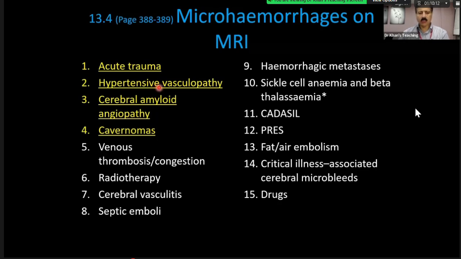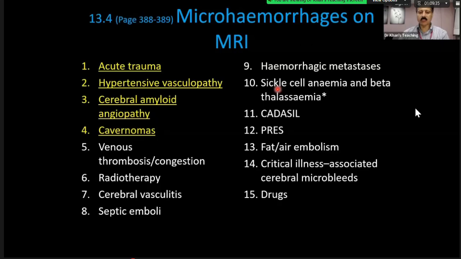Now, in trauma, microhemorrhages can be because of diffuse axonal injury. In a younger age group, always remember cavernomas. Cavernomas are very important for the exam, also known as cavernous angiomas. So we'll cover them subsequently. But many other things like hemorrhagic metastasis and sickle cell anemia, because of fat emboli, can cause microhemorrhages.